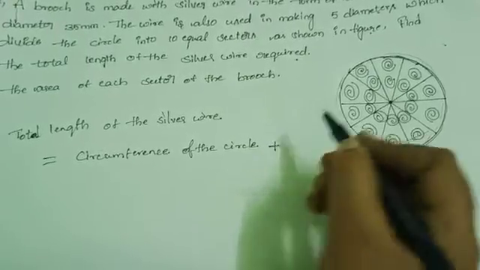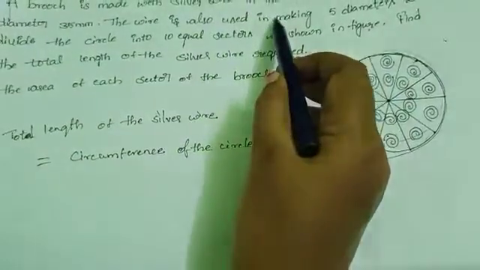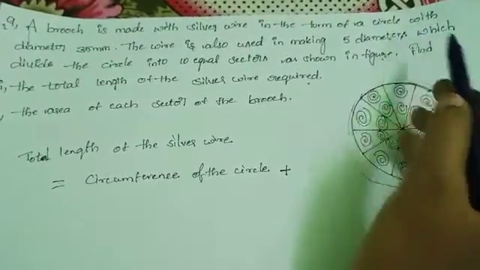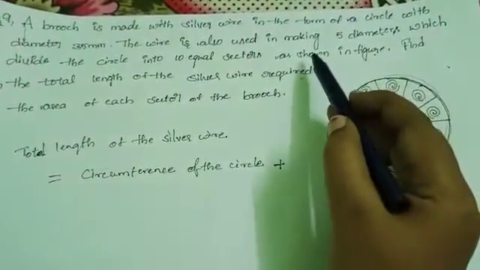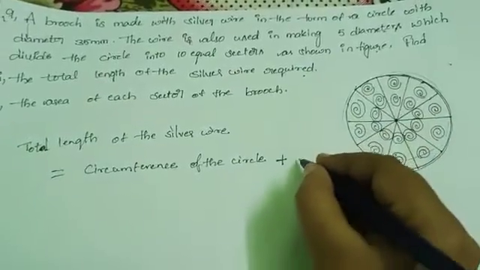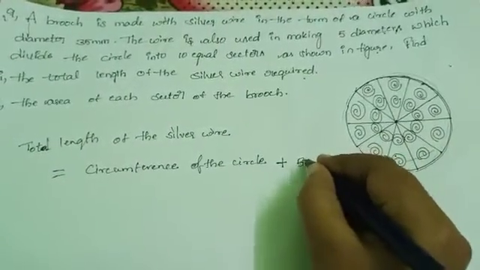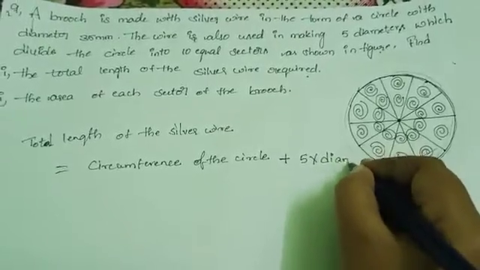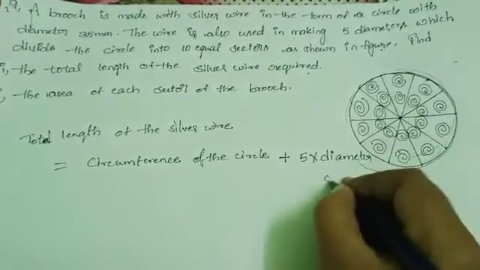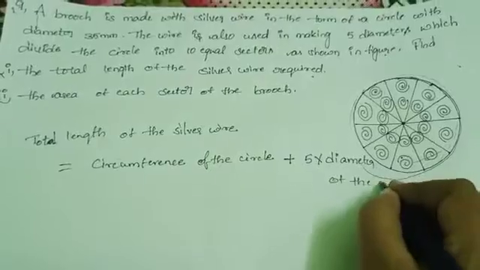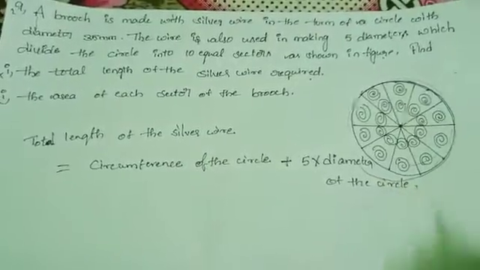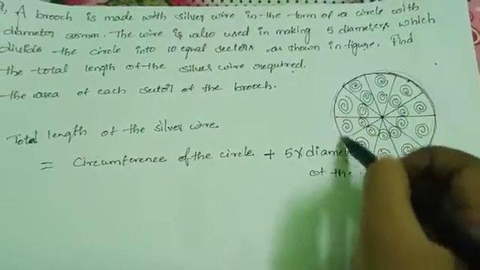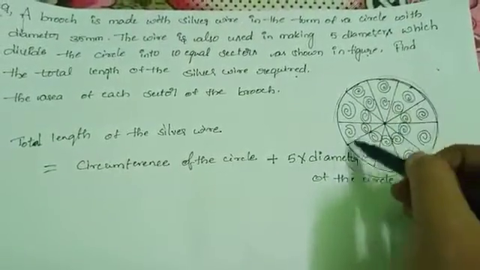and we used it in making 5 diameters. Clear? Making 5 diameters means 5 into the diameter of the circle. Clear? Here silver wire is used in the boundary of the circle and 5 diameters.